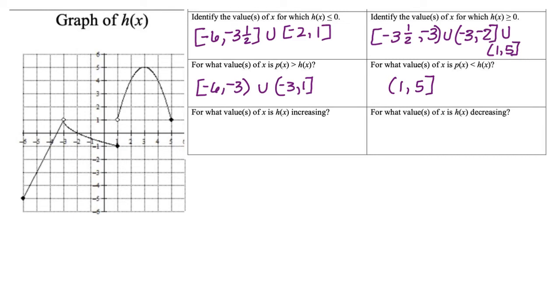That's going to be from -6 to -3, union 1 to 3. And then for what values of x is h of x decreasing? Well, -3 to 1, union 3 to 5.